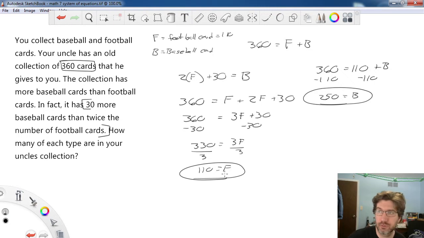Questions on that one? Double check your work, see if you got similar answers, if you made a mistake somewhere. Again, really the only new part is picking out the equations. So double check to see if your equations got picked out right.